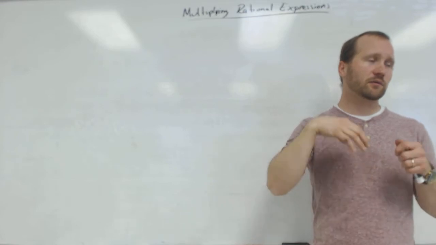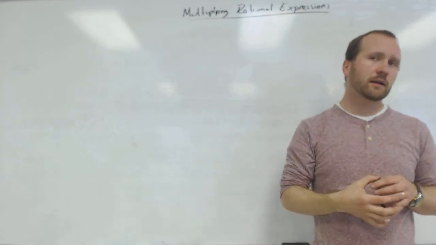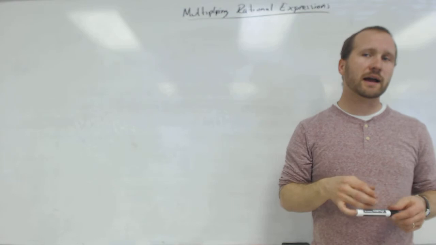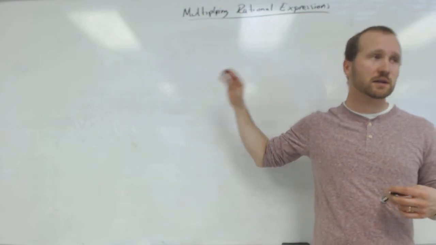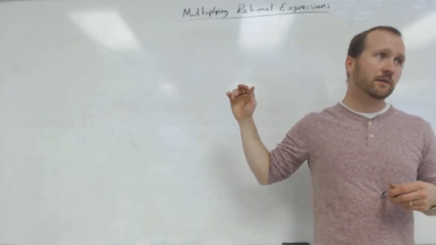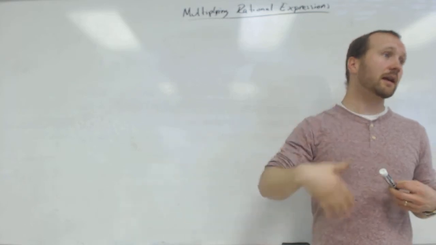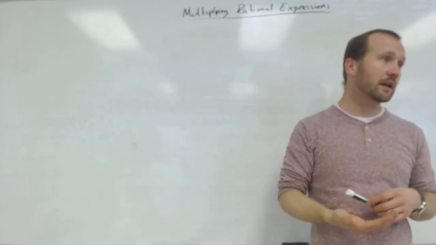You're going to be graphing rational functions, and in order to do that, you need some understanding of how to simplify rational expressions. So it's partly leading up to stuff that you'll see later on.